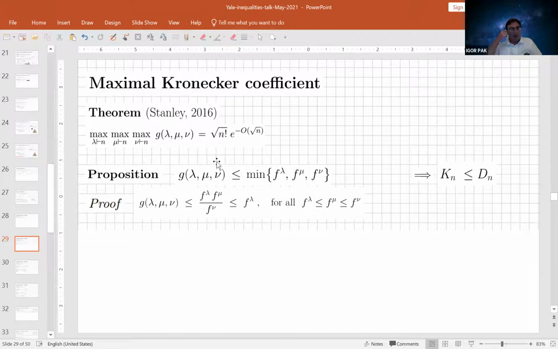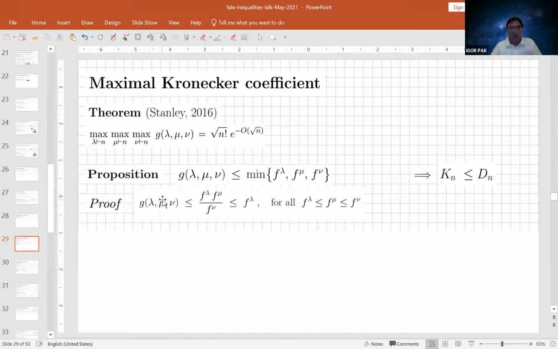Okay, so we wanted to actually give a proof of that result. And it turns out that one direction is really, really easy. This is the only thing I can actually prove in this talk. So I'm going to show that the maximal Kronecker coefficient is at most the maximal dimension.